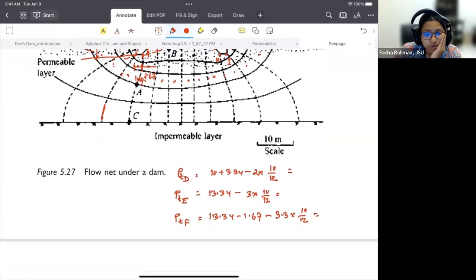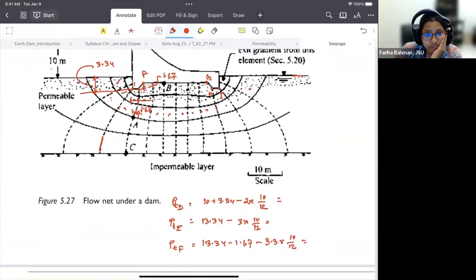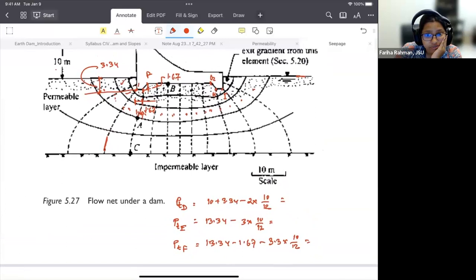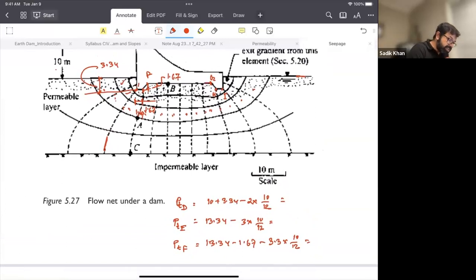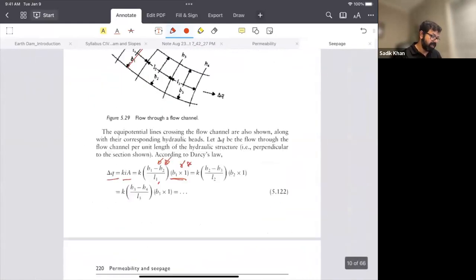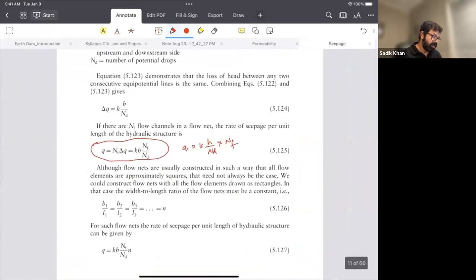Should F be from 13.34? No. Look, G is at this level, so this is 13.34 minus 1.67. And then H is again 13.34, and I is also 13.34.